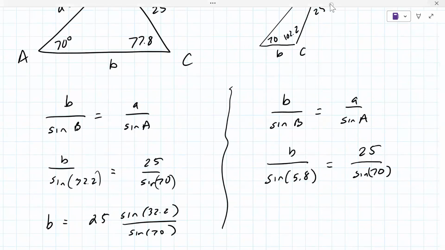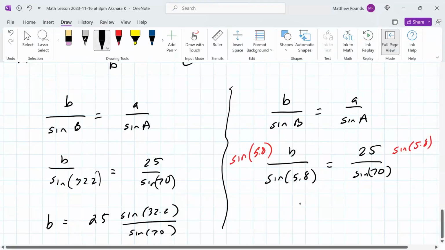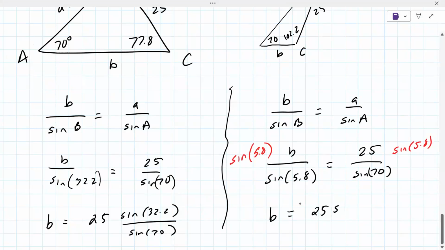And to answer your question, what you're doing is multiplying both sides by the sine of 5.8. That's why it still remains on the top and the bottom.